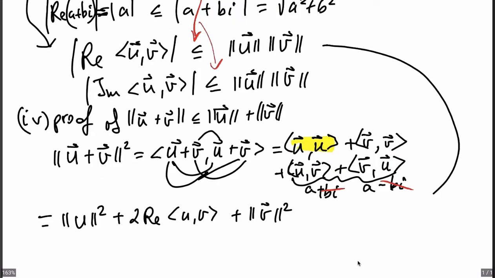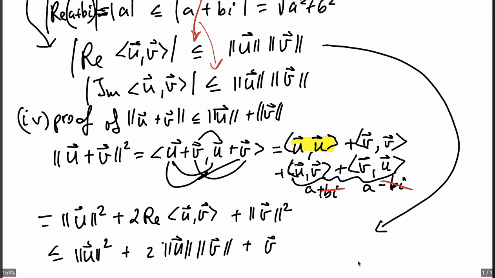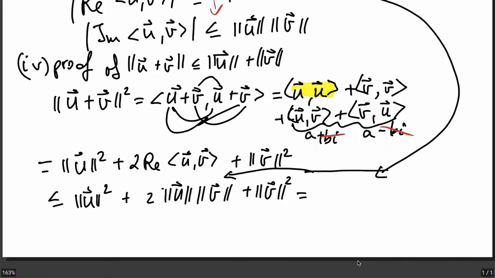And then I can use this estimate of the real part, that this is less than or equal to the u norm squared plus 2 times the u norm times the v norm plus the v norm squared. And then we can complete the square here to get the u norm plus the v norm, squared, the square of the sum.